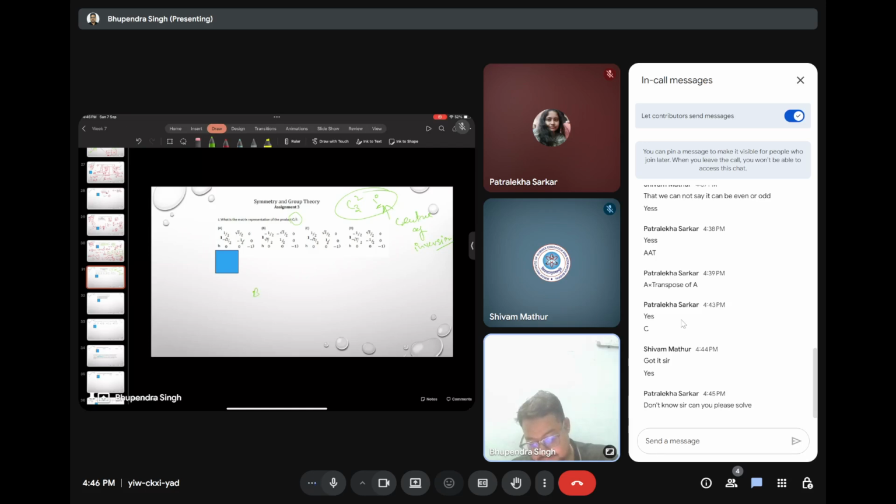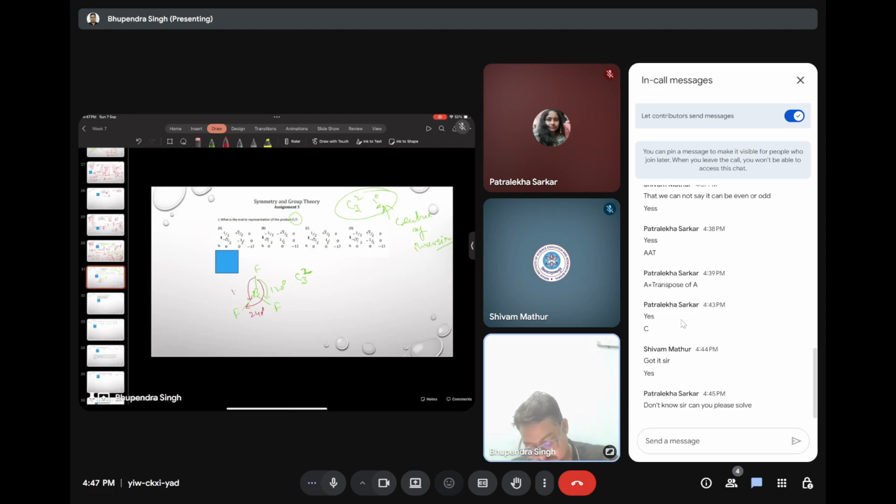Let's say BF3. So C32. For clockwise rotation, this is 120 degree and 240.